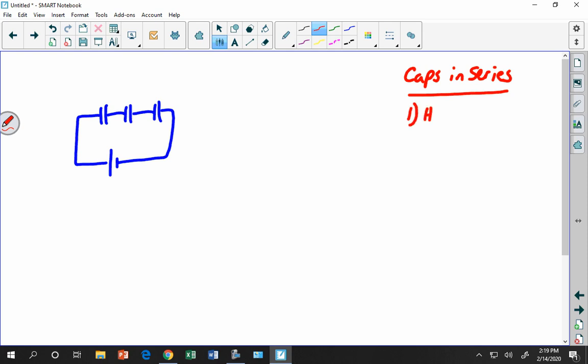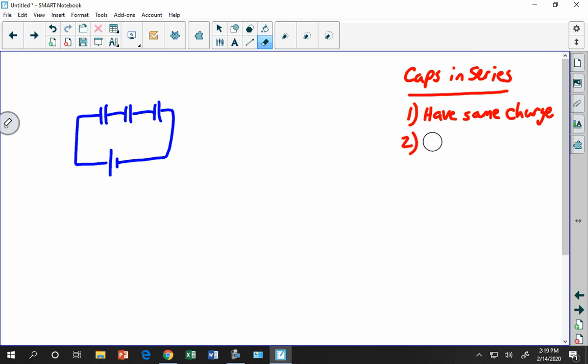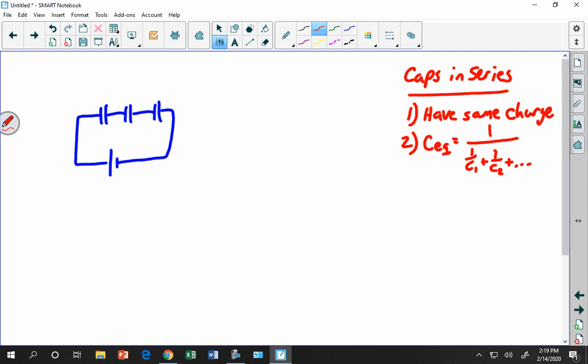First, they have the same charge. Second, the equivalent capacitance is equal to, oh, this is the one where it's 1 over, right? That's how you find the equivalent capacitance.